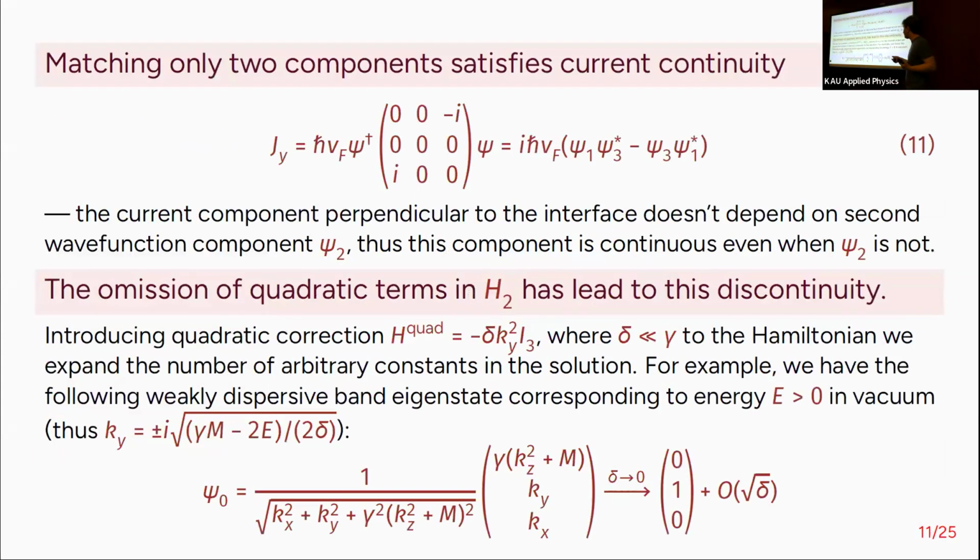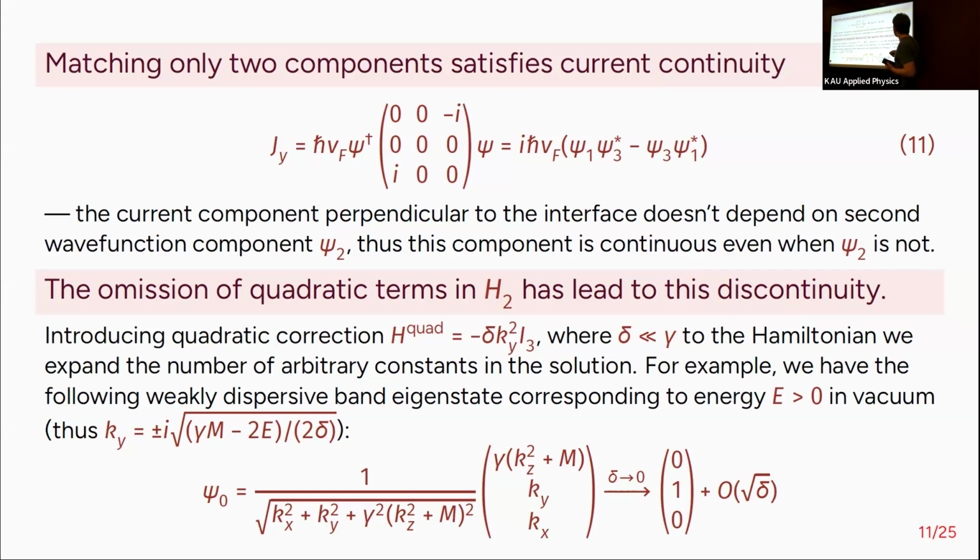The first argument, which is kind of obvious, is that the current component perpendicular to the interface must be continuous. And for it to be continuous, as you see, psi2 must not be continuous. It places no limitations on that component. Why has that discontinuity arisen?